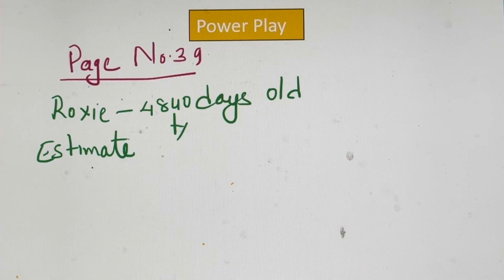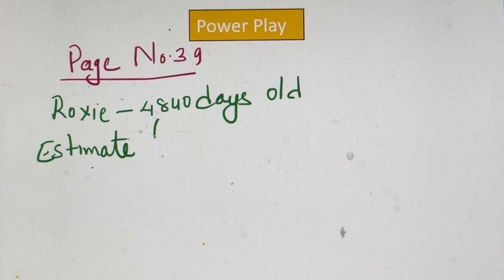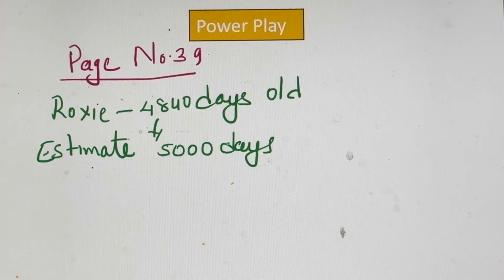We have learnt estimation in lower classes. Remember? Here we are rounding off to thousands. The next digit is 8, so 4 becomes 5. So it will be estimated to 5,000 days. So we estimate that Roxy is 5,000 days old, right?